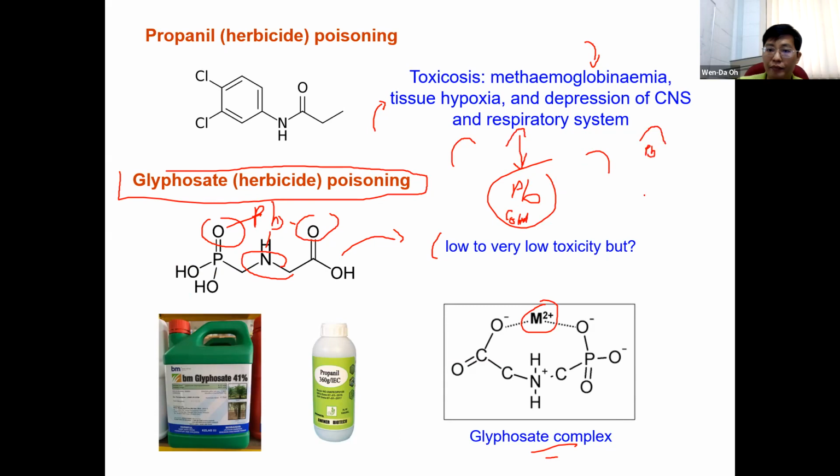So you have something like this, this kind of complex. This complex is generally a complex containing lead that is soluble in water. So you can see initially you have lead that is not soluble, the solid state. And then because of the presence of glyphosate, you can actually increase the concentration of lead in the water, which can increase the toxicity of the water itself, right.